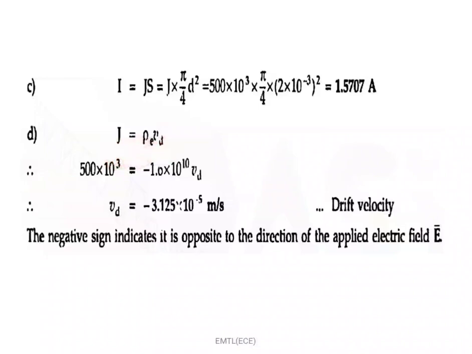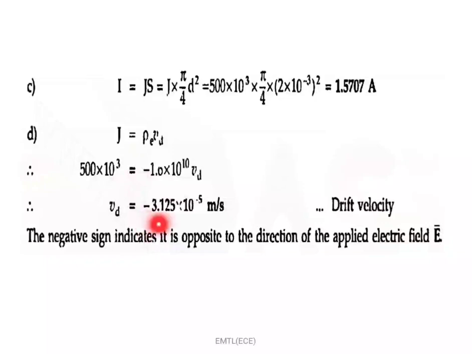And next, current density J is equal to rho v into Vd. We have to find the drift velocity. So this is the relation between current density, charge density and drift velocity. Already in part B we found the value of J, that is 500 into 10 cube, and the rho v value we determined in part A, that is minus 1.6 into 10 power 10. Now substitute here.